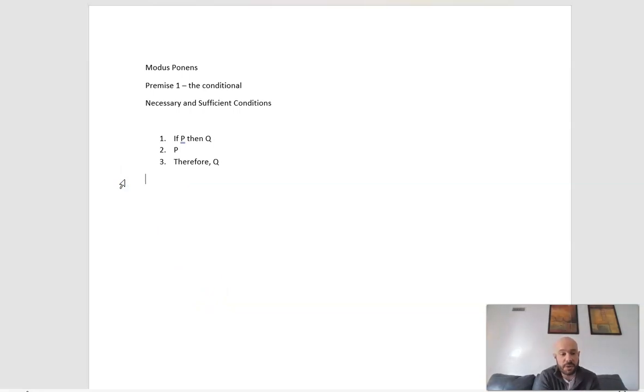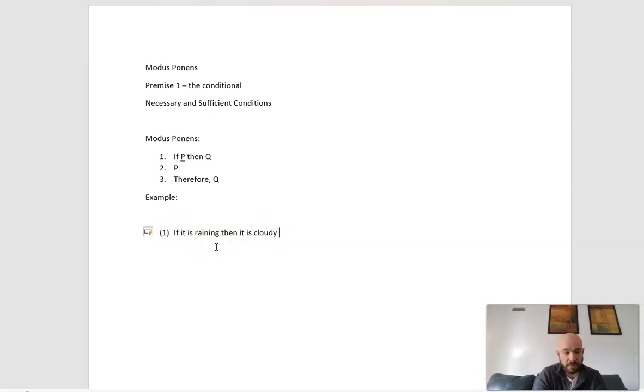An example of the modus ponens, the if P then Q. An example would be if it's raining then it's cloudy. Okay, so then the second premise, hopefully you'll see, would be the P, right? So here, note what the P is.